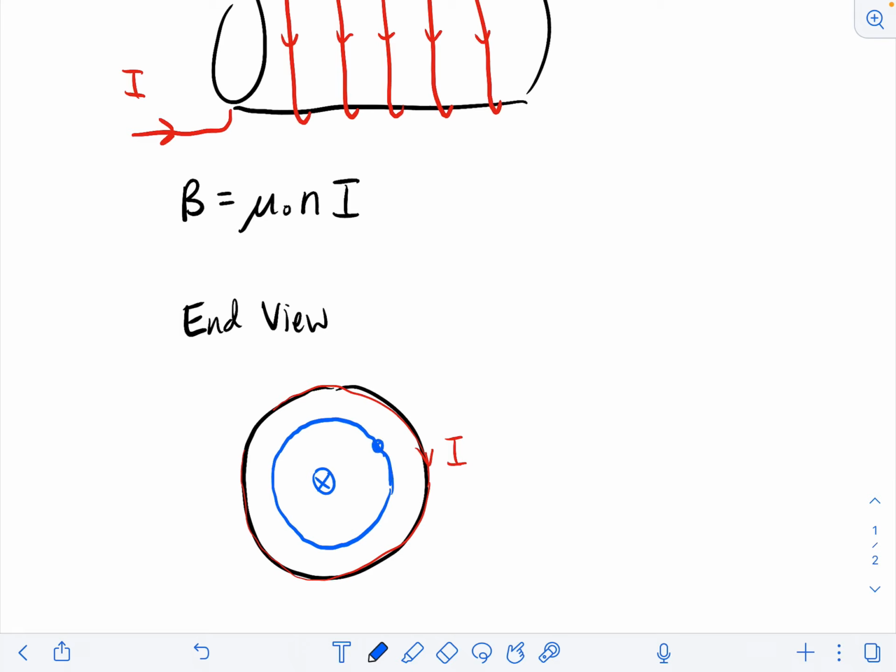Let's imagine our electron is here. It has charge q equals minus e. If we do v cross B, I believe our electron is moving with speed v here. If you did the right-hand rule, v cross B would give you a direction pointing radially out from the circular motion, but because the charge is negative, the resulting force will be towards the center, which is what we're going to want.